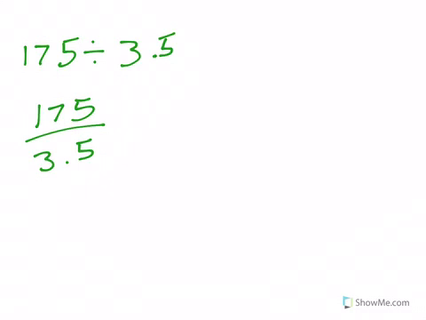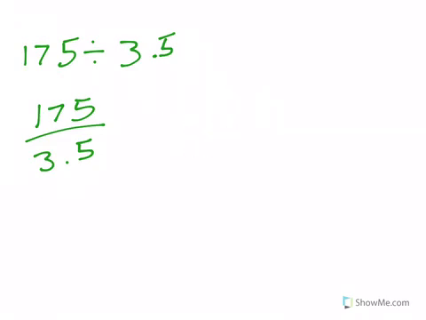But I know it's a little bit harder, not impossible, of course, to divide by a decimal. And so what if I wanted to make that a whole number? Well, if you're thinking, well, you could multiply both by 10 and you'd get 1,750 divided by 35, that's one way to do it.